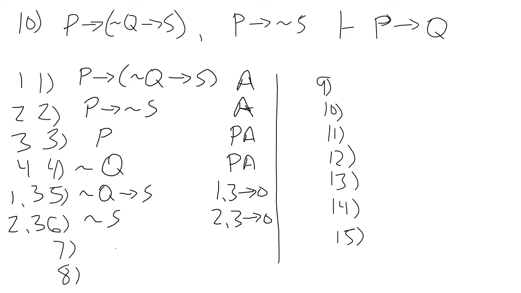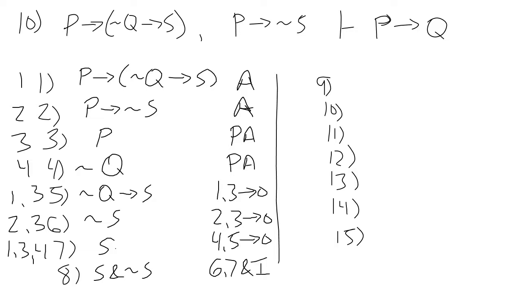Now we can toss our tilde Q into our conditional statement 4 to get S. So that's going to be 4 and 5, arrow out, 1, 3, 4. Now we can build our contradiction with 6 and 7. Ampersand in.